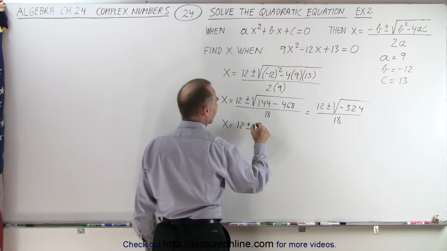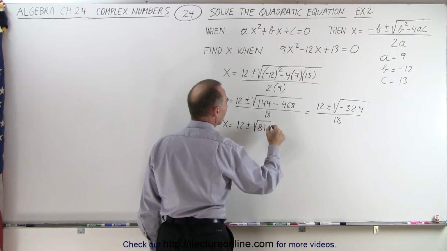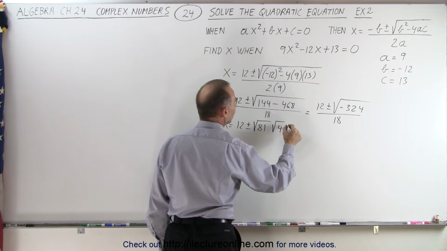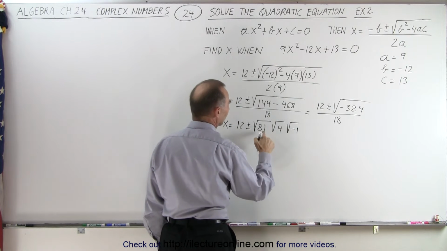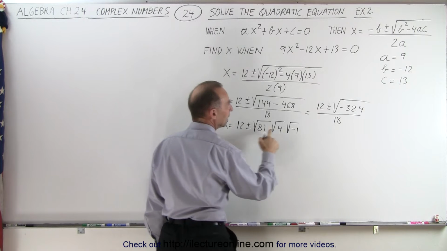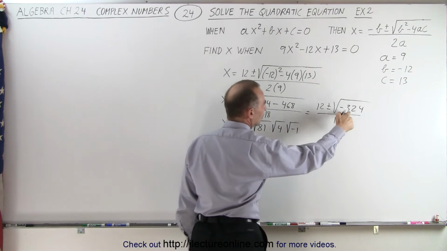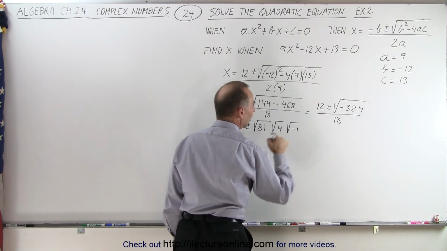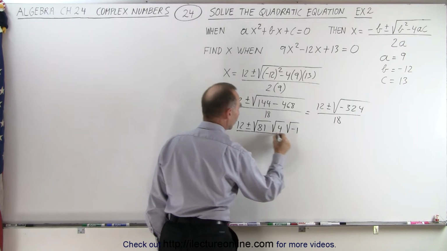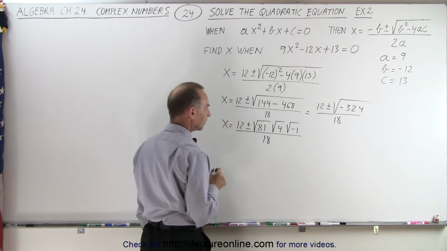So x is equal to 12 plus or minus the square root of 81 times the square root of 4 times the square root of negative 1. Notice that 4 times 81 is 324, and the negative is the square root of negative 1, all divided by 18.